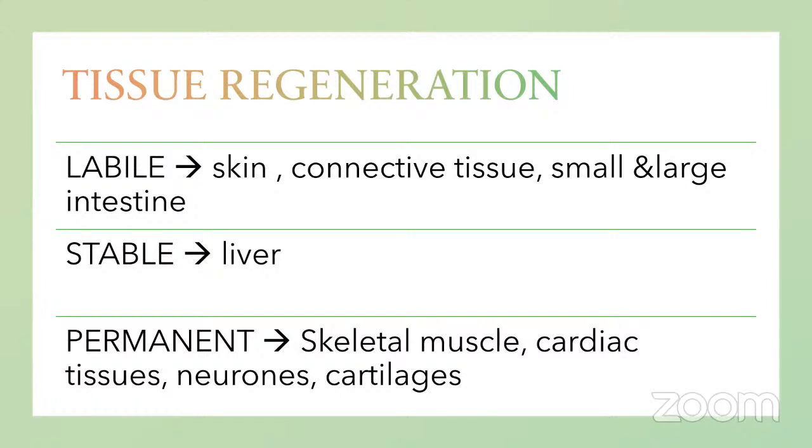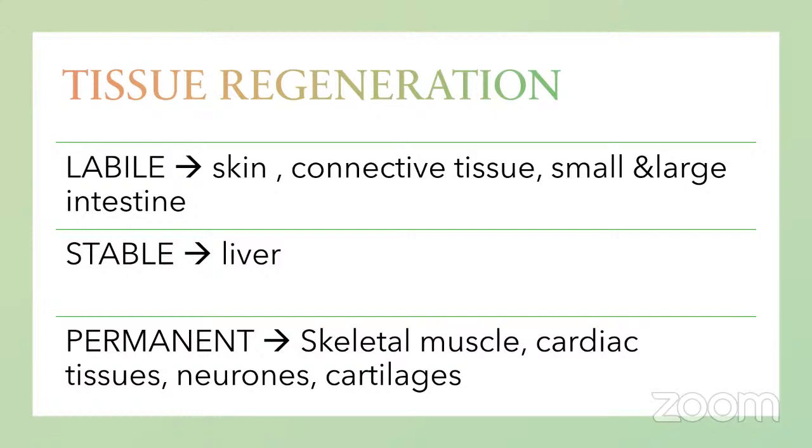But what happens after an injury? If you look at the liver, we can see the liver is one of the examples of stable tissue. Imagine a portion of the liver has been damaged. It doesn't regenerate like skin or connective tissue. What happens here is that mature liver cells will try to divide, so we can see hyperplasia of mature liver cells.